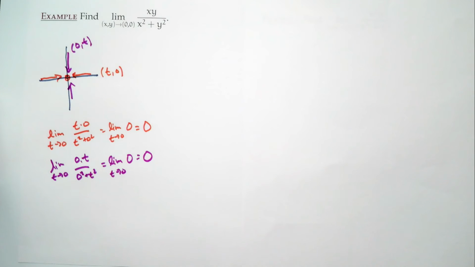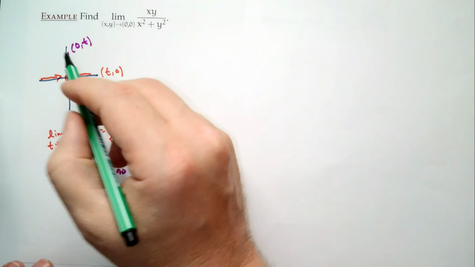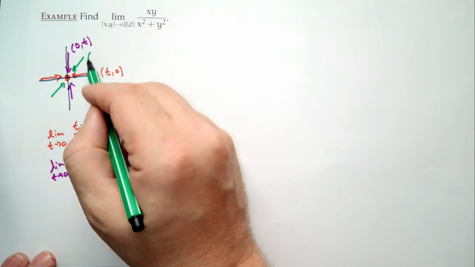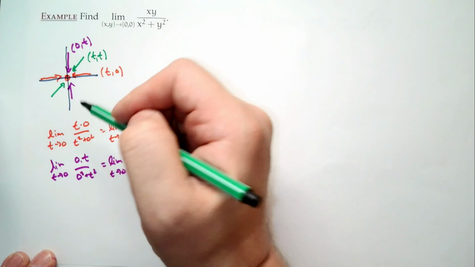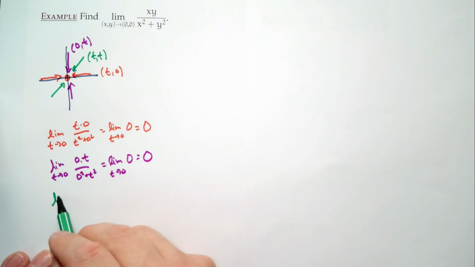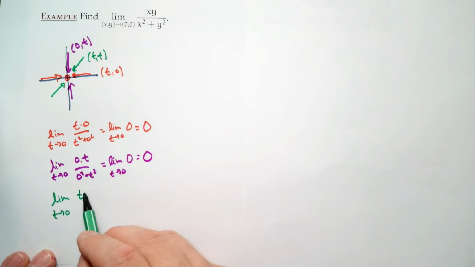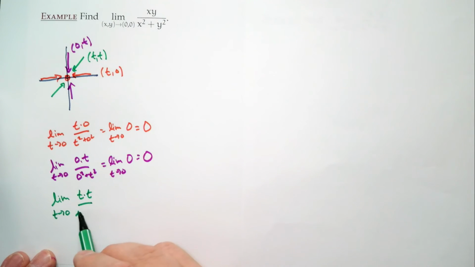What's something else we could try? (t, t). What does that correspond to? The line x equals y. So, approach along another curve, (t, t). So if we do that, we get the limit as t goes to 0, upstairs t times t, downstairs t squared plus t squared.